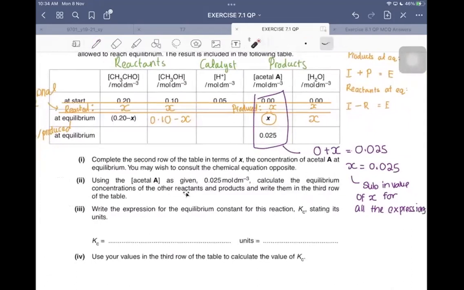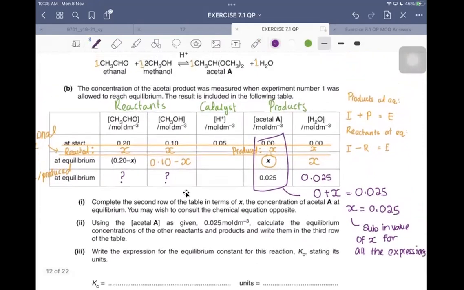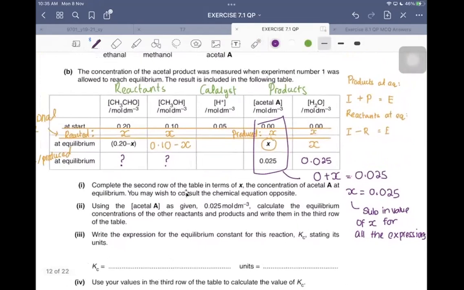First example, I've got X as the concentration of H2O. So the value at equilibrium is 0.025. Now you want to find the concentration at equilibrium of methanol and ethanol when you sub in the value of X, which is 0.025.